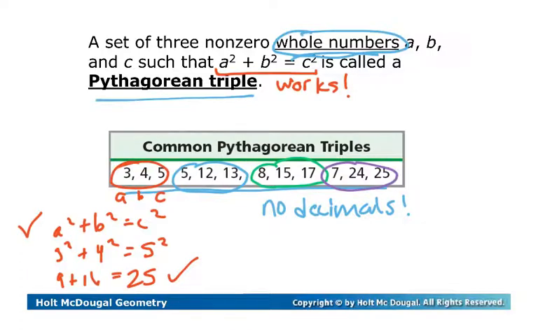Another interesting part about this is that you can get every other set of Pythagorean triples by multiplying one of them by a value. So let's say that I took this one and multiplied by 3. Another set is going to be 7 times 3, which is 21, 24 times 3, which is 72, and 25 times 3, which is 75.